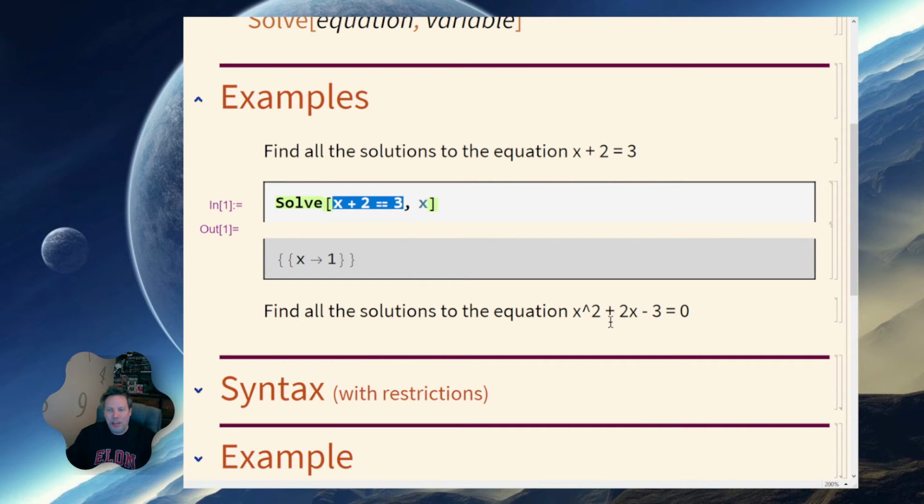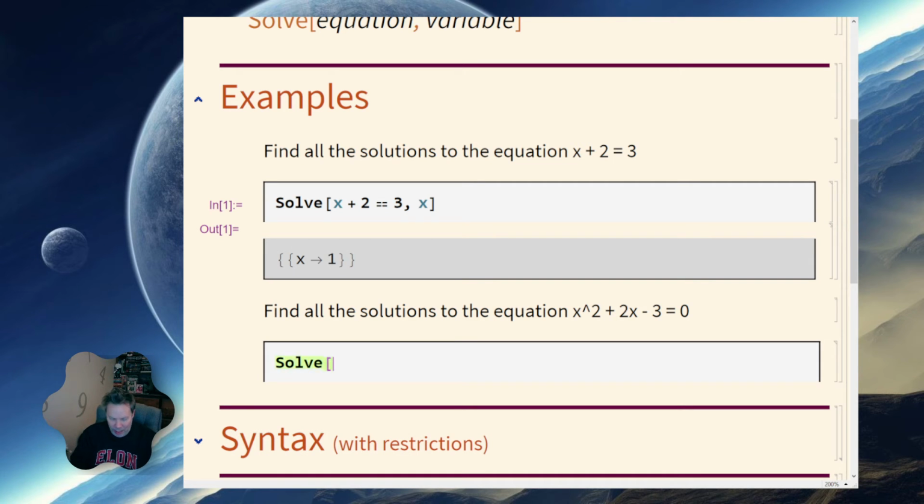What about this one? Well, again, I'm going to start off with the Solve command, and my equation is x squared plus 2x minus 3, and then I'm going to purposely just put a single equal sign in here, and this is going to be equal to 0. Remember, this is wrong. It should be a double equal sign. It should look like this.